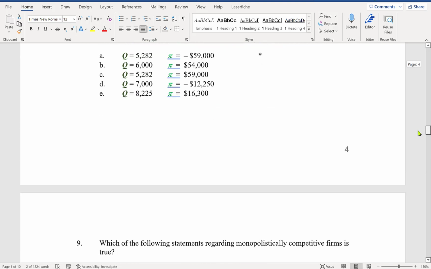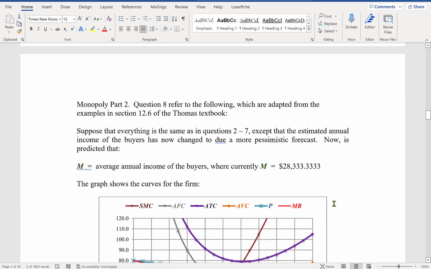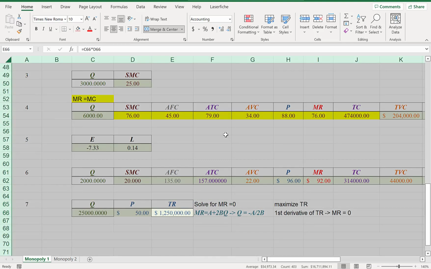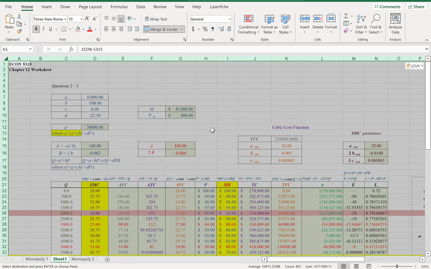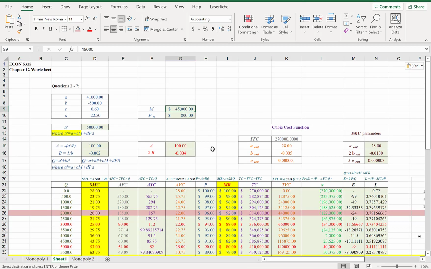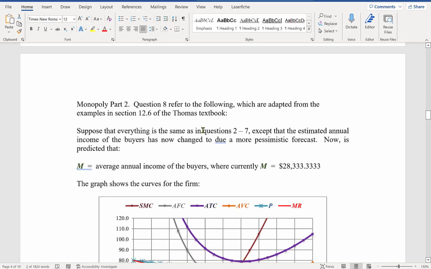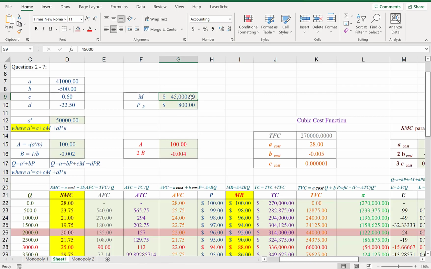Now it's gone down to $28,333. So we're going to go to the Monopoly 2 window. However, because everything else is the same, I'm going to do Control A, copy, and paste the whole thing in a new worksheet. So the only thing that's different is this 45,000. I'm going to copy this one and plug it in place of 45,000.